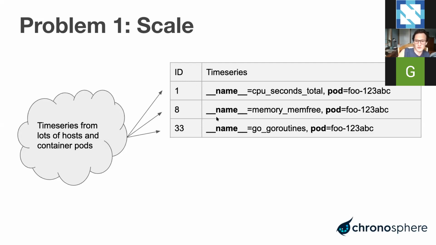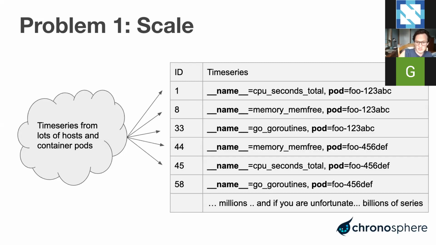So, for example, let's say we had 3 different time series associated with a particular deployment, right? CPU, memory, and Go routines, all coming from the same single pod. If we then just redeployed the same service with the same metrics, that would double the number of unique time series that we've generated just by taking that deployment action.